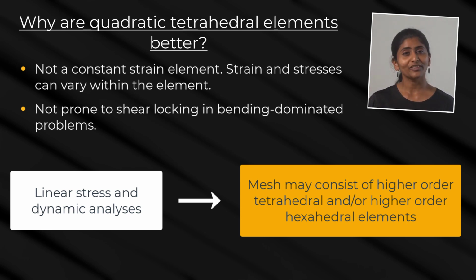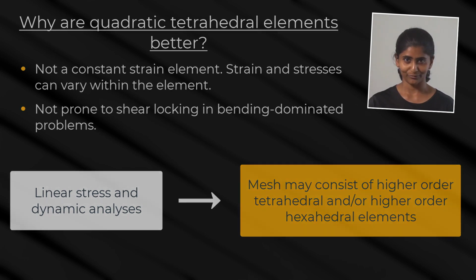Hence, the use of second-order tetrahedral elements or hexahedral elements is recommended in linear structural analyses. Note that considerations may differ for heat transfer analyses or non-linear structural analyses, but we are limiting our discussion to linear structural analyses in this video.